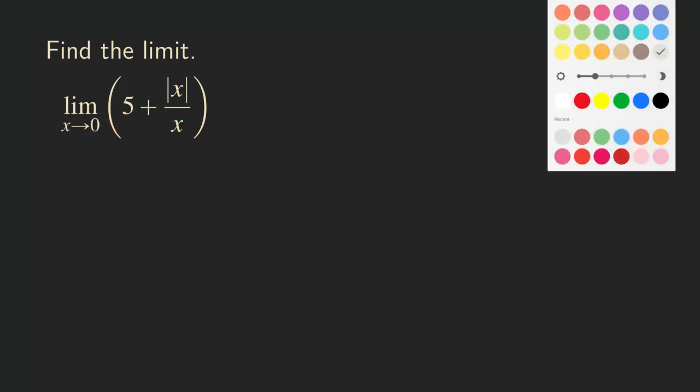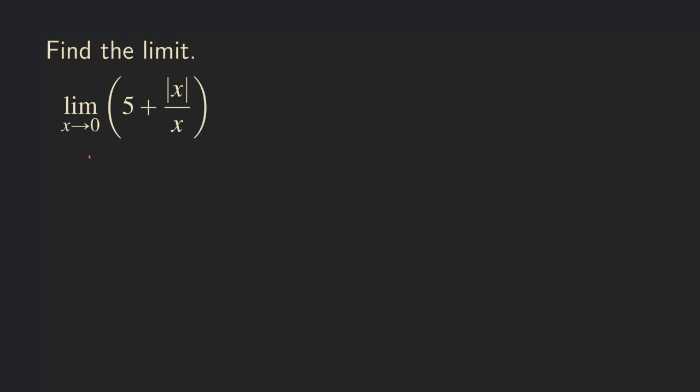So first, we are going to consider that when x is approaching 0 from the left side, what happens to the function? What is the function approaching? So we are going to consider this one right here. And so what happens is that when x is approaching 0, as you can see here, from the left side, then x would be negative. And when x is negative, what happens to the absolute value of x?